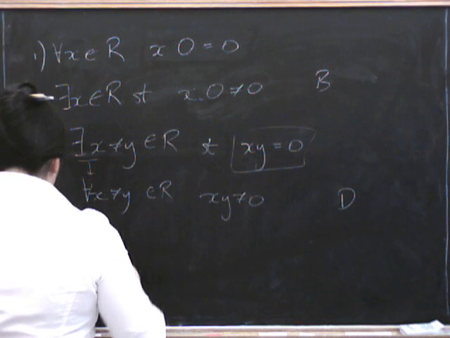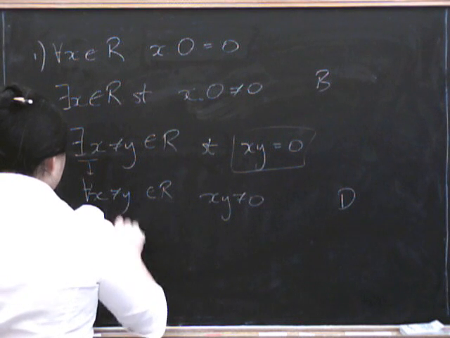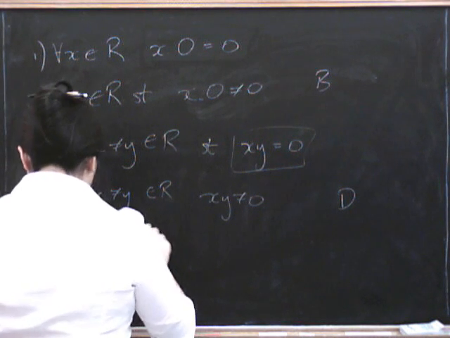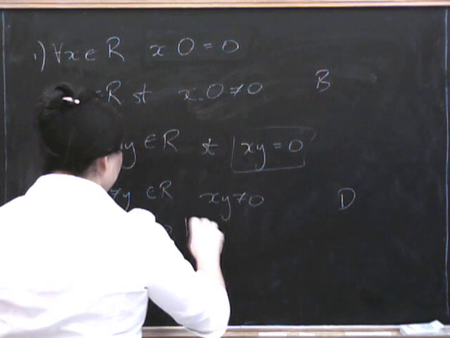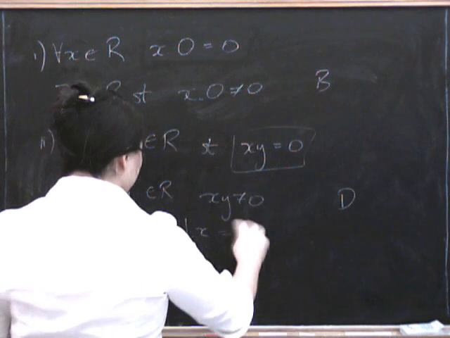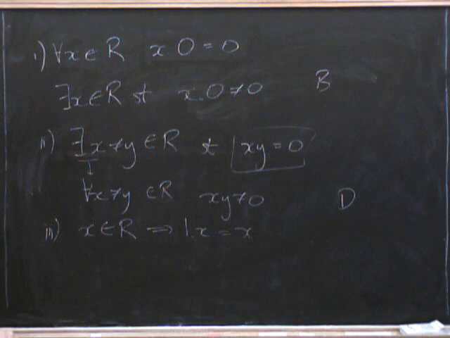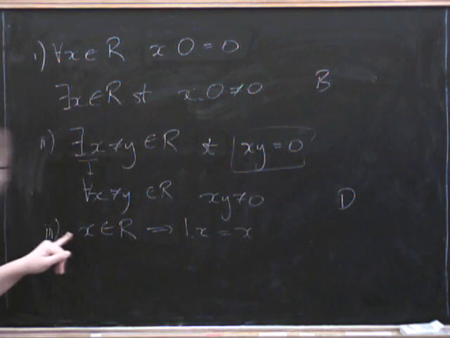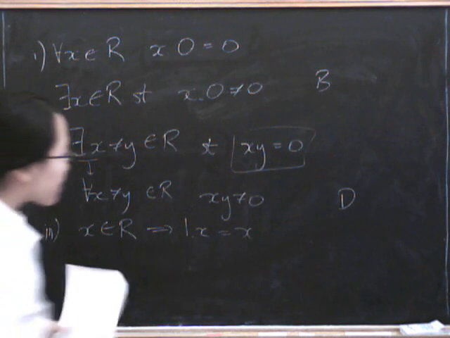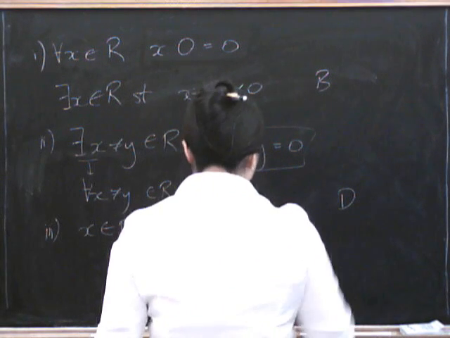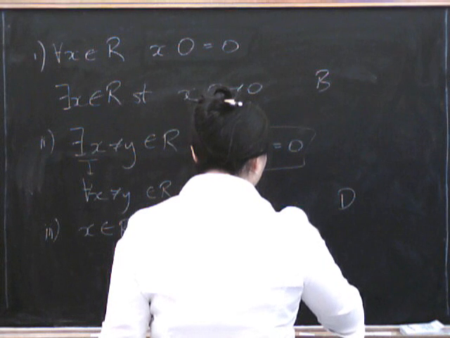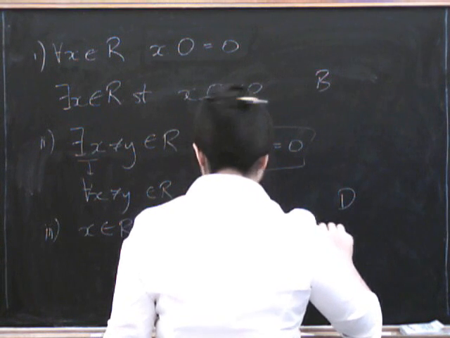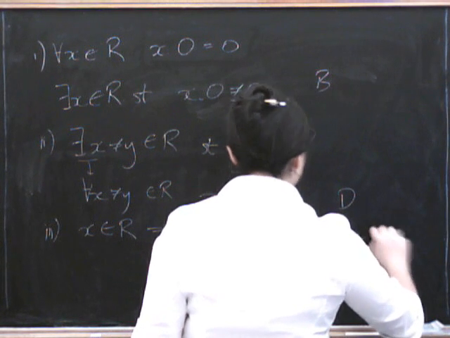Right. Number 3 was x is in R implies that 1 times x equals x. Okay? So how do you negate this? Well, first you think to yourself, another way of saying this is for all x in R, 1x is x. So another way of saying this is for all x in R, 1 times x equals x.